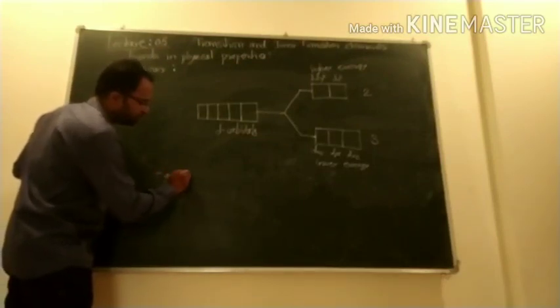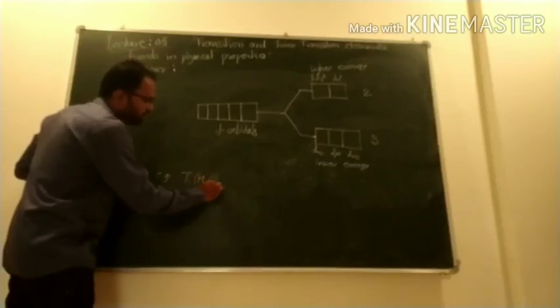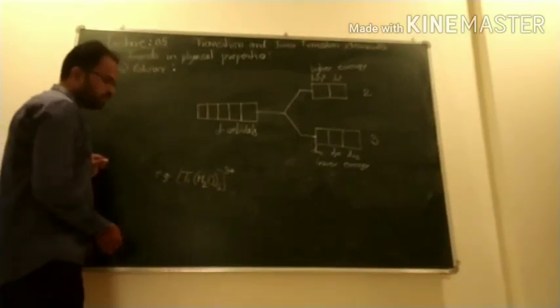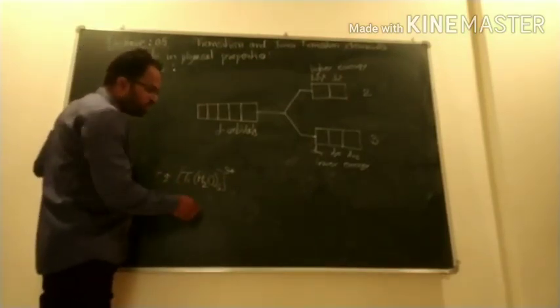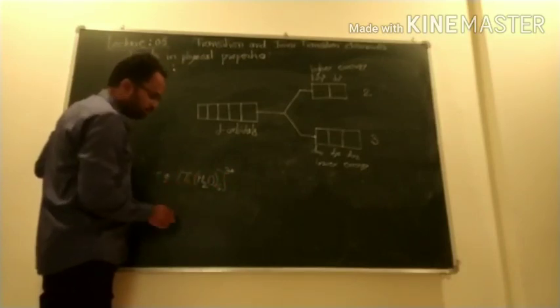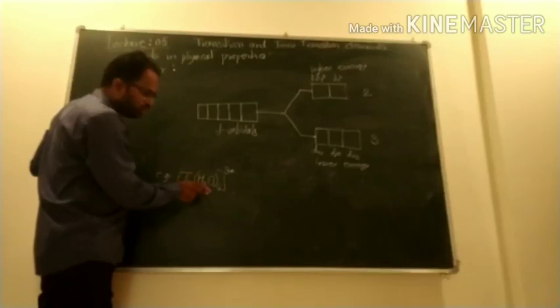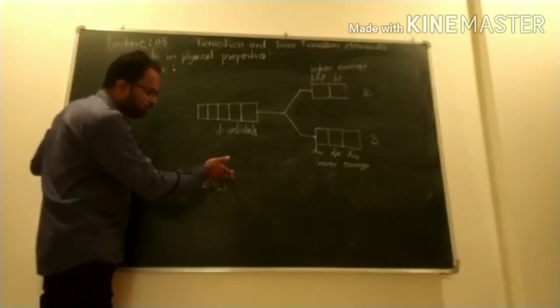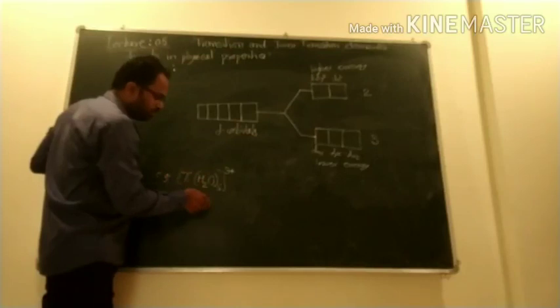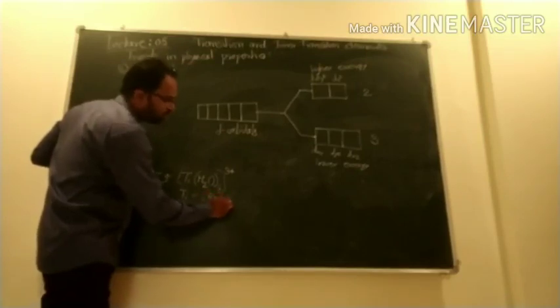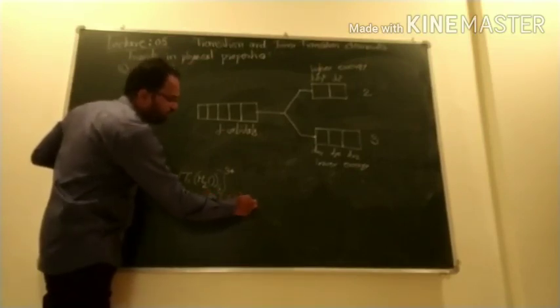For example, Ti(H2O)6 3+. This is a coordination compound which has a +3 charge. H2O is neutral, so it has no charge. That means the +3 charge is of titanium. Now see the electronic configuration of titanium. That is Ar 3d2 4s2.